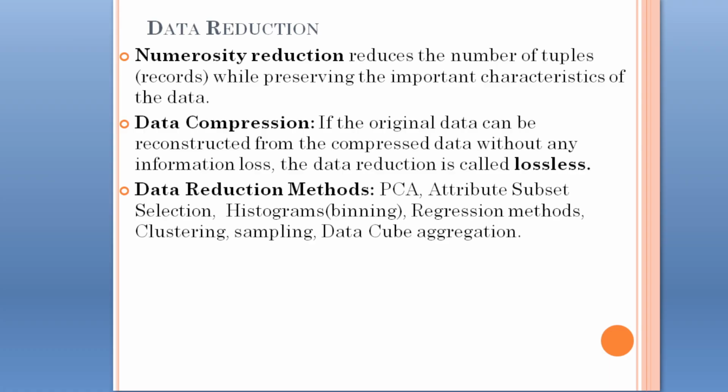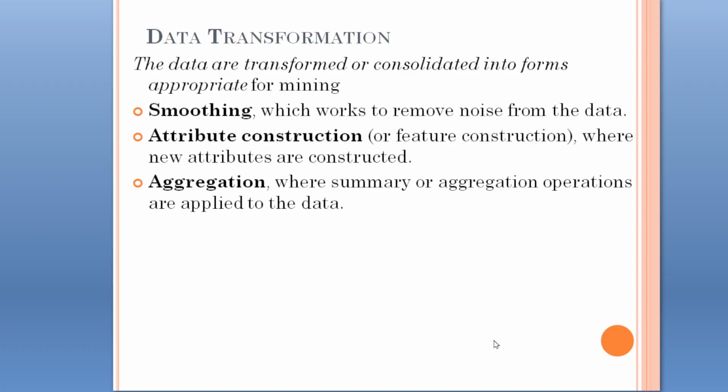If the original data can be reconstructed from the compressed data without any information loss, the data reduction is called lossless. We have several data reduction methods such as PCA, principal component analysis, attribute subset selection, regression methods, clustering, sampling, and data cube aggregation.